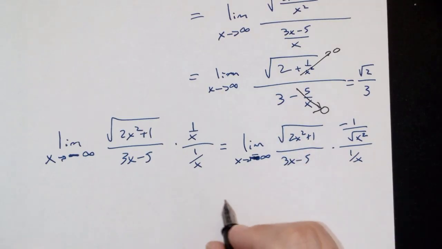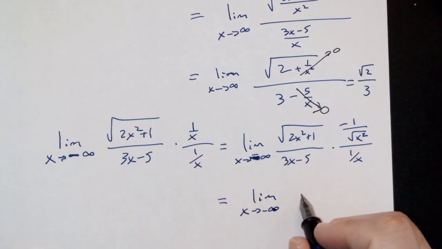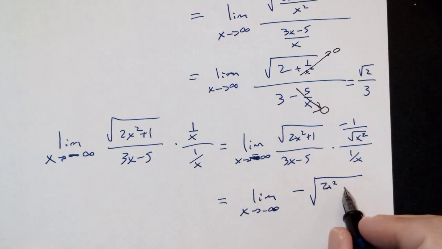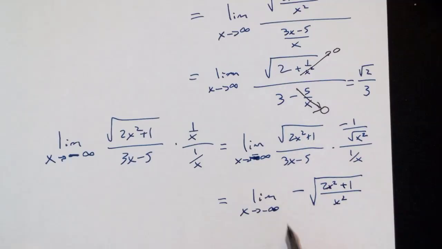Right here. Limit as x goes to minus infinity of negative root 2x squared plus 1 over x squared, over 3x minus 5 over x.